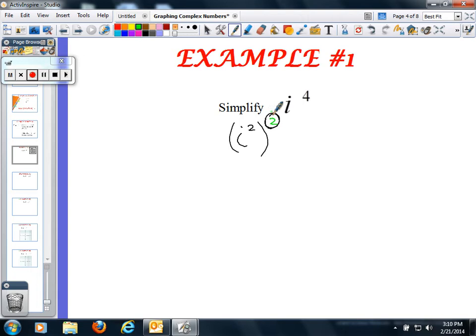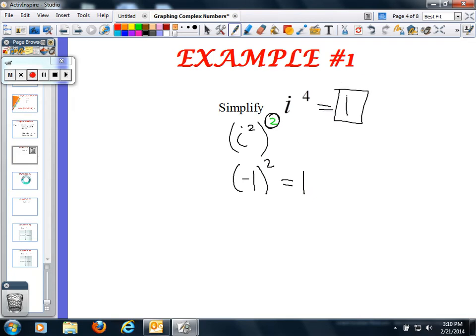So i squared, you multiply the exponents, you get i to the 4th. Now, from here, we know that i squared is equal to -1, and we still have this square. Now, -1 squared is going to be +1. So i to the 4th is 1.